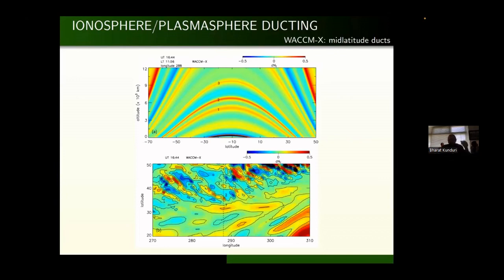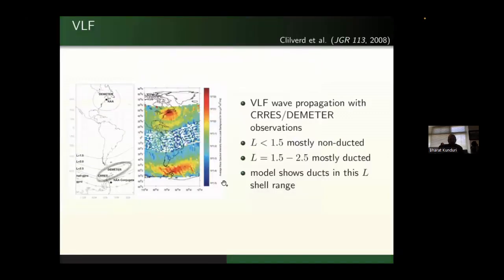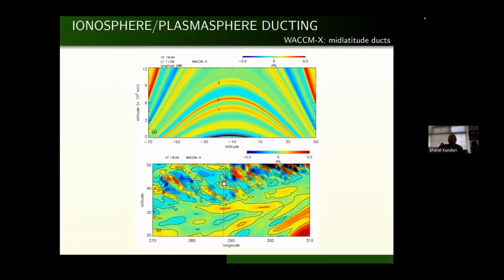Again, I'm repeating myself, it could be considered a giant tube in space. I've just looked at this one longitude in the American sector, but you can see these little ducts occur over quite a range and are quite extensive.